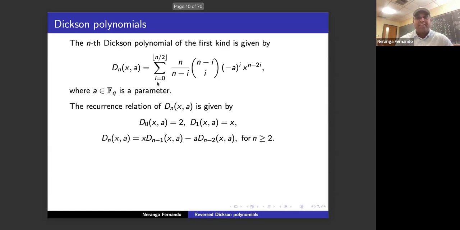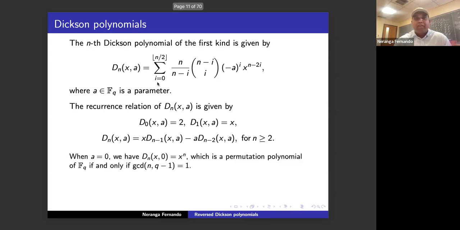It has a nice recurrence relation with initial conditions 2 and x. But when it comes to explaining the permutation property, the explicit expression given here is not the most helpful one. There's an expression called the functional expression of a Dickson polynomial, which I have not stated here, but that's a more important one.